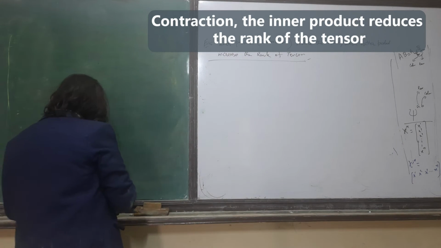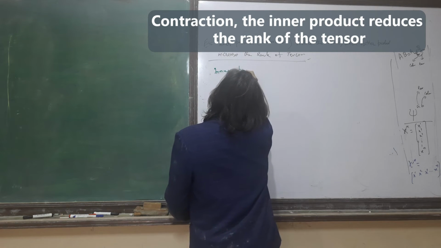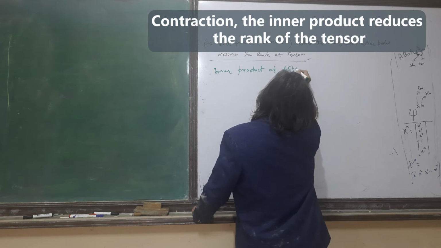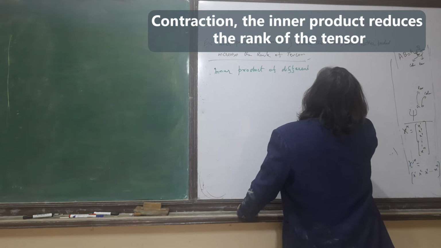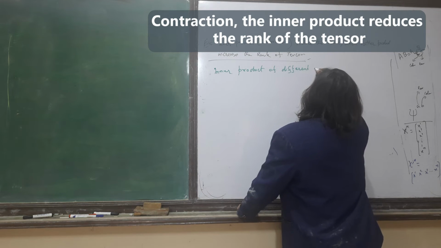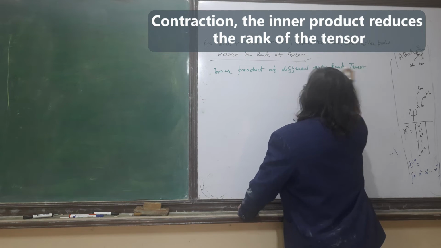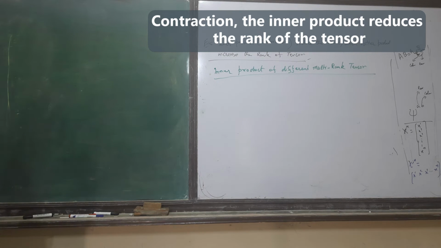So first, the inner product of different multi-rank tensors. They have two parts. Firstly, we will write the first part, then we will talk about the other.